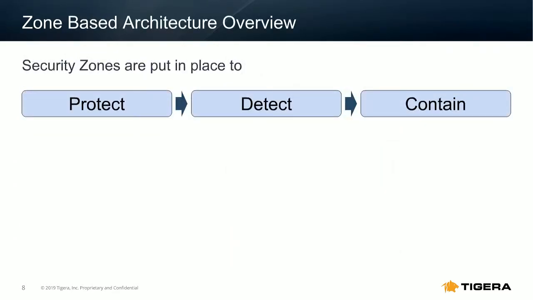So the zone architecture from the higher level, what is this put in place for? The first thing is to protect the environment. You establish boundaries, and then you control the communication between those boundaries or zones.